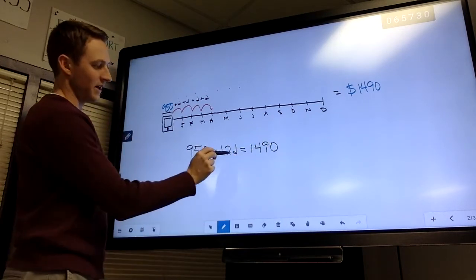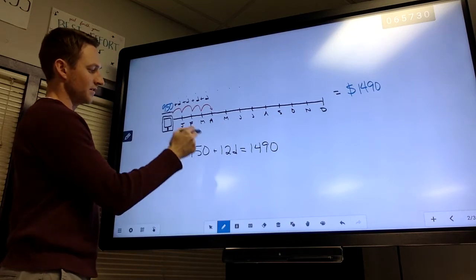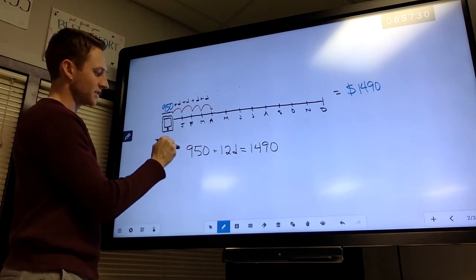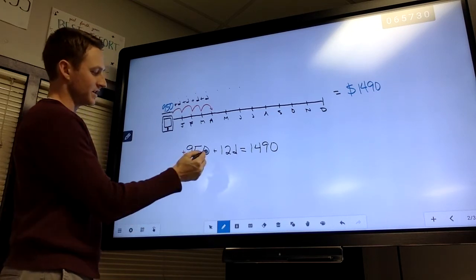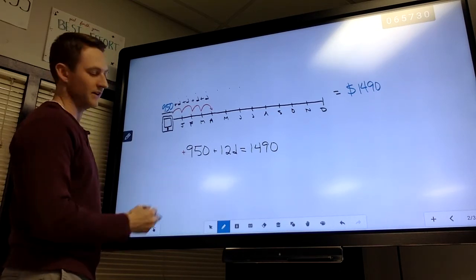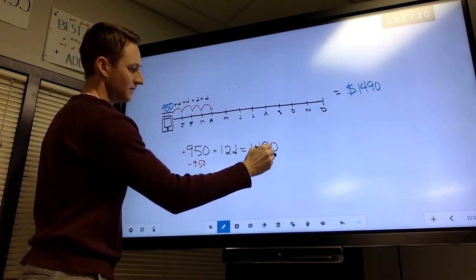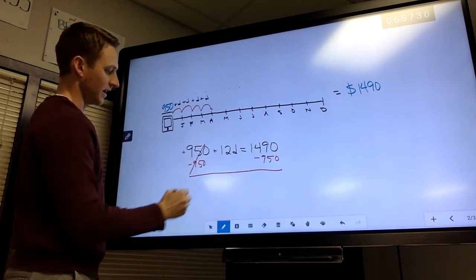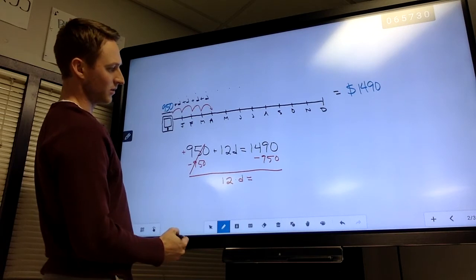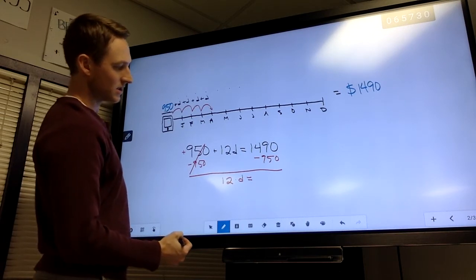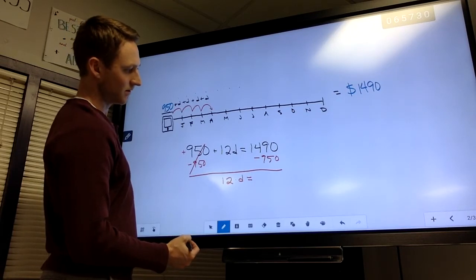And if we want to find out how much we have to pay for data every month, we need to get D by itself. So let's get rid of this addition right here. It kind of looks like plus 950 because it's addition. So what's the opposite of plus 950? Minus 950. So that's going to cancel, and we have 12D, or 12 times D, equals, what do we got? 540.